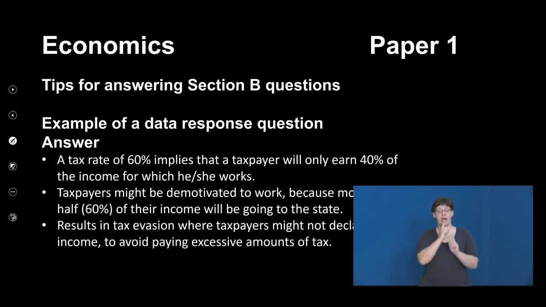The answer there is a tax rate of 60% implies that the taxpayer will only earn 40% of the income which they work for. Taxpayers might be demotivated to work because more than half, which is 60% of their income, will be going to the state, resulting in tax evasion, where taxpayers might not declare their income to avoid paying excessive amounts of tax.